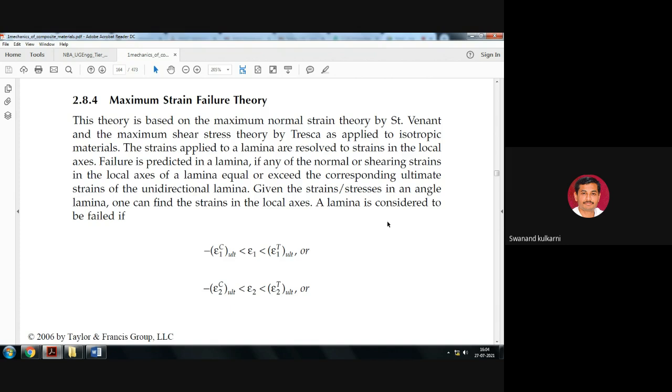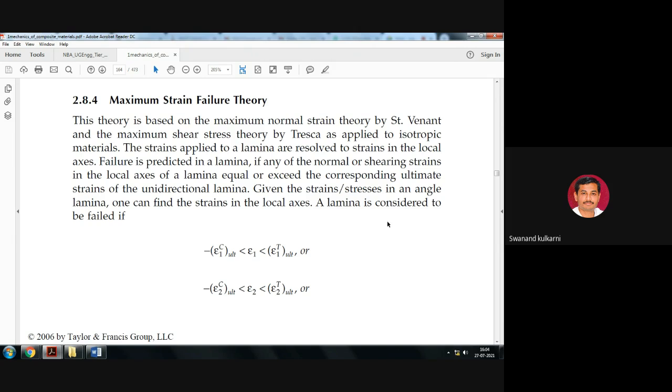Saint Venant's theory is the maximum normal strain theory. Whenever we use the term maximum strain theory, that is the theory given by Saint Venant. And the maximum shear stress theory is by Tresca.